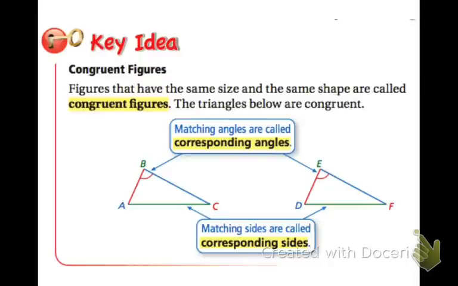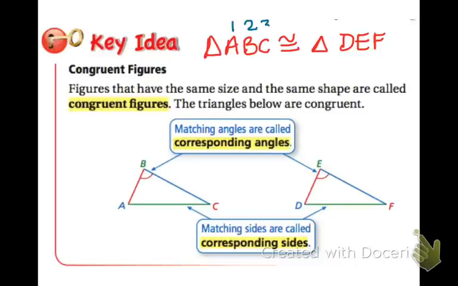For these, if I start with the first letter, so triangle ABC, and I use the symbol for congruence, triangle DEF, one thing that I can point out is if I number them 1, 2, 3, and I start over, 1, 2, 3.